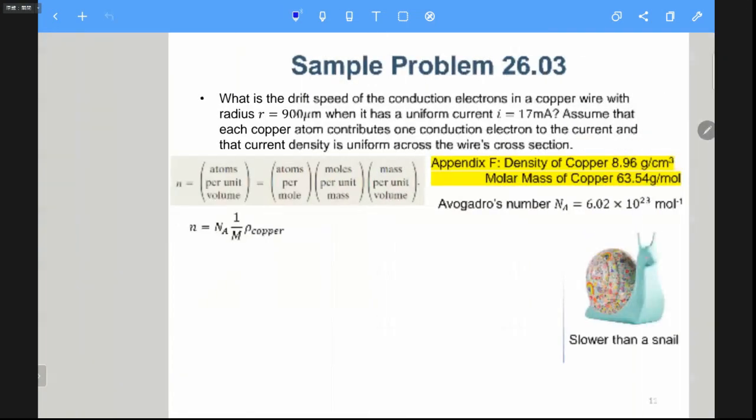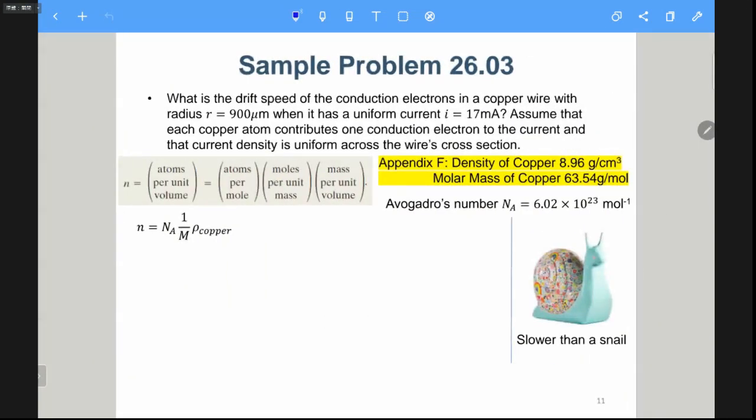So next is another sample problem. It says, what is the drift speed of the conduction electrons in a copper wire with radius R when it has a uniform current i?